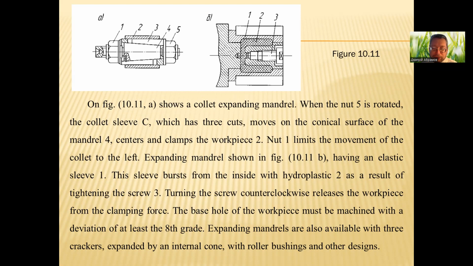The base hole of the workpiece must be machined with deviations of at least the 8th grade, 8 IT grade. Expanding mandrels are also available with 3 crackers expanded by an internal cone with roller, bushing, and other designs.